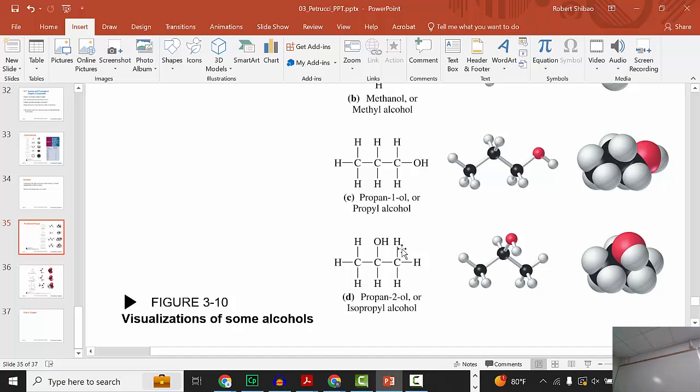The common name for this is propyl because a CH3CH2CH2 is called a propyl group. A propyl group consists of a methyl group, and then a CH2 group is called a methylene group. So it's a methyl, methylene, and then this.